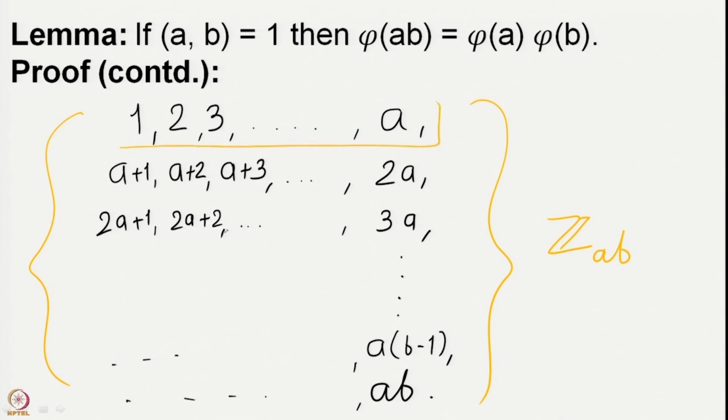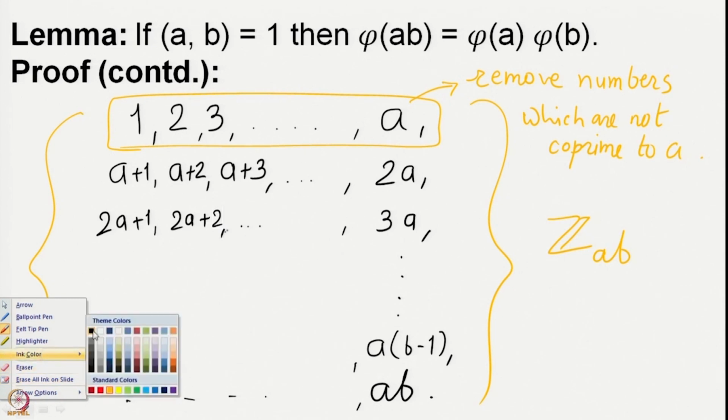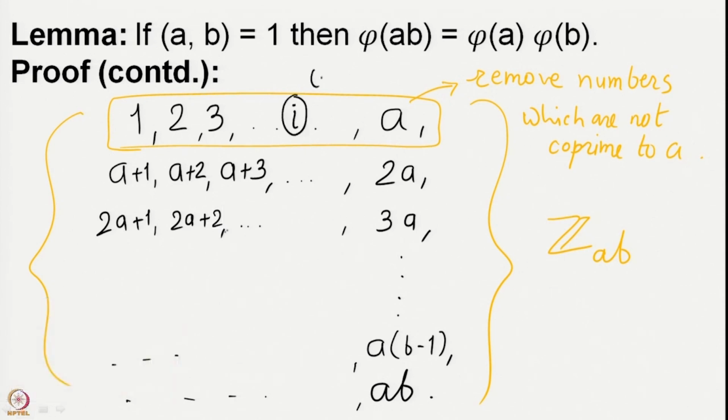So, in this row we have to remove elements which are not co-prime to AB, and for that what we do is that we remove numbers which are not co-prime to A. Suppose that there is an I here which is not co-prime to A, then all these elements in the column of I will have the property that these are going to be I plus a multiple of A.